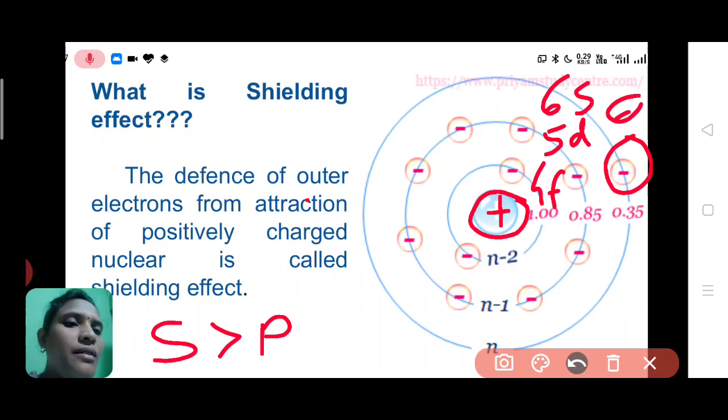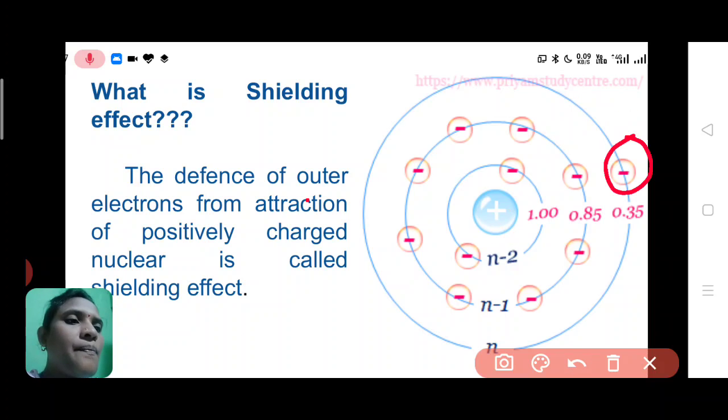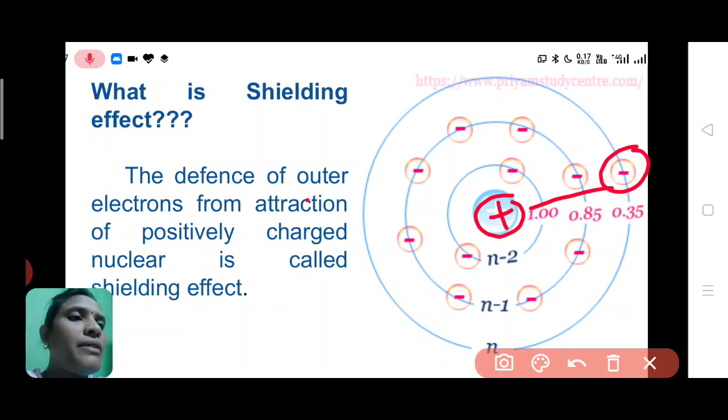So see here, consider this outer electron and this one is a positively charged nucleus. These outer electrons are getting attracted by the nucleus in all atoms. Generally, these negatively charged electrons are attracted by nuclear charge because the nucleus has positive charge.